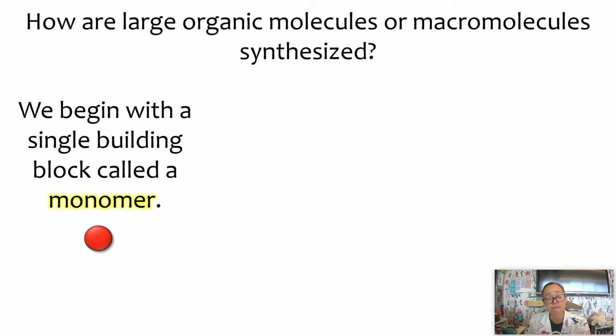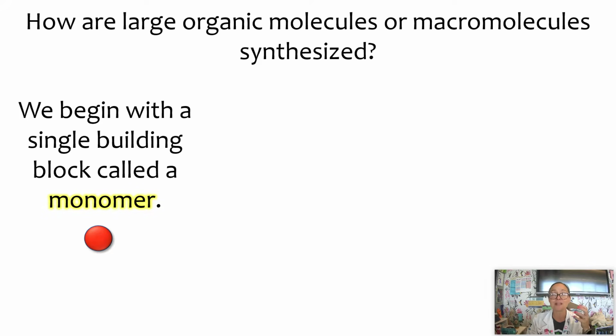That monomer will vary depending on the macromolecule. For example, in carbohydrates, the monomer is glucose. In nucleic acids, the monomer is a nucleotide, and in proteins, the monomer is an amino acid. So depending on the macromolecule, they have different monomers, but a monomer is a single building block.